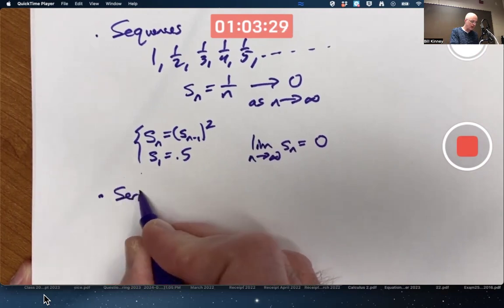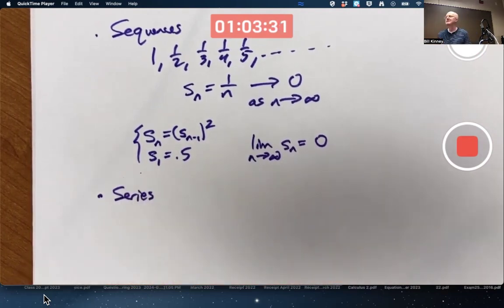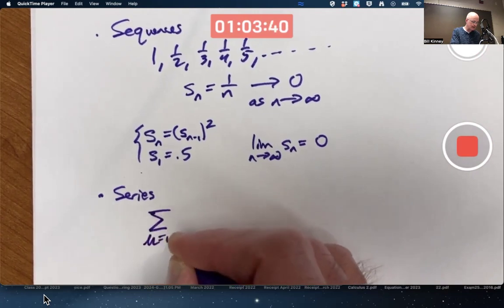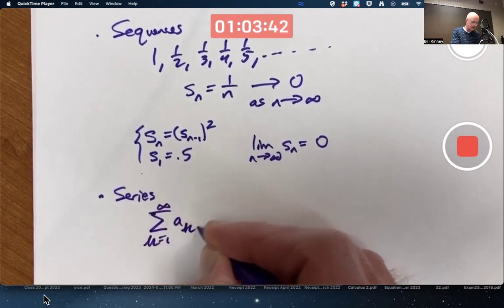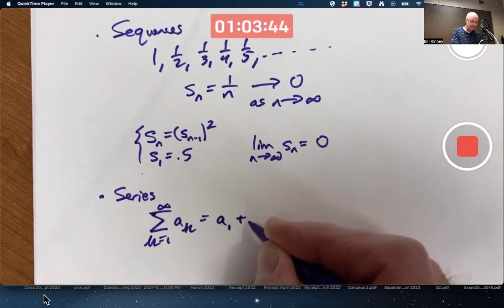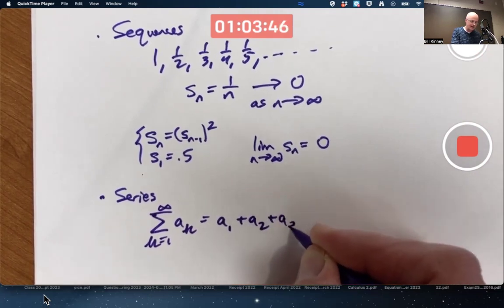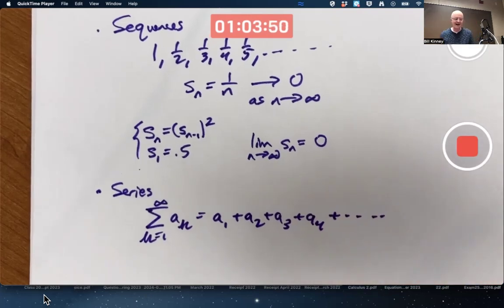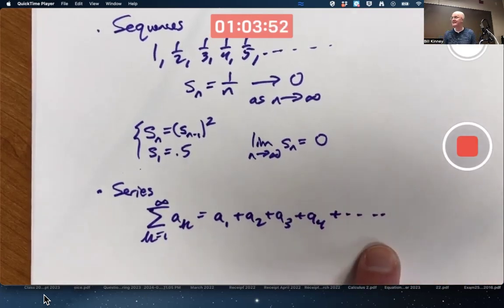Most important for us, though, in Calculus 2 is using sequences to define what series are. Here's a general series, which you should be comfortable writing in summation notation or not. But don't forget your plus dot dot dots if you write it out this way. I keep emphasizing that.